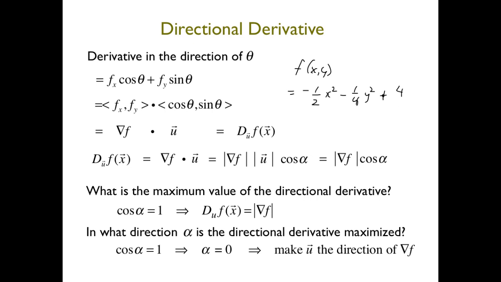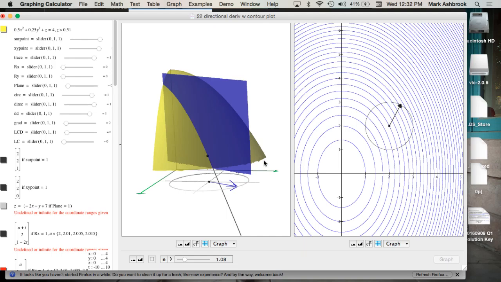I want you to find the magnitude at (2, 2). So at (2, 2), find magnitude and direction of greatest rate of change. All right, let's start with direction. Who has the direction of the max rate of change?